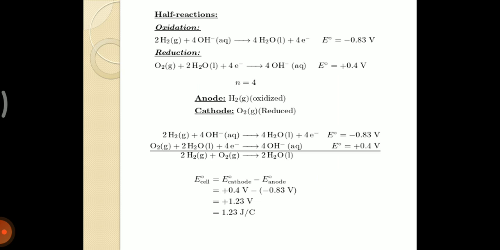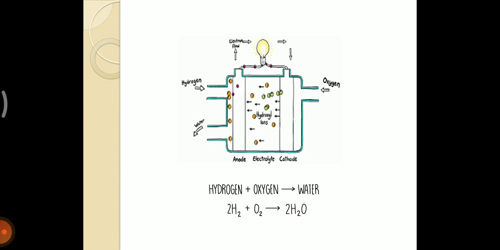For calculating the E cell value, we use the formula: EMF value of the cathode minus EMF value of the anode. After substituting the values, we find the E cell value of the fuel cell is plus 1.23 volt. This is the final form of the fuel cell. Finally, the net reaction is hydrogen reacting with oxygen to form water, and simultaneously it produces electricity.